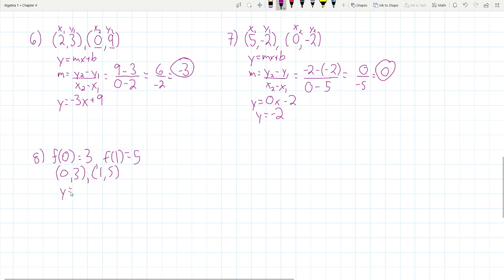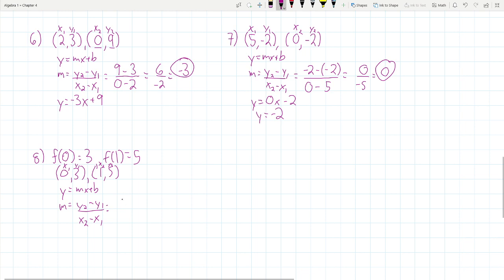I have this y equals mx plus b format that I know I need to get it into. I need to figure out my m, which is my y2 minus my y1 over x2 minus x1. I can arbitrarily name these. I'm going to name this one x2, y2, and this one x1, y1.